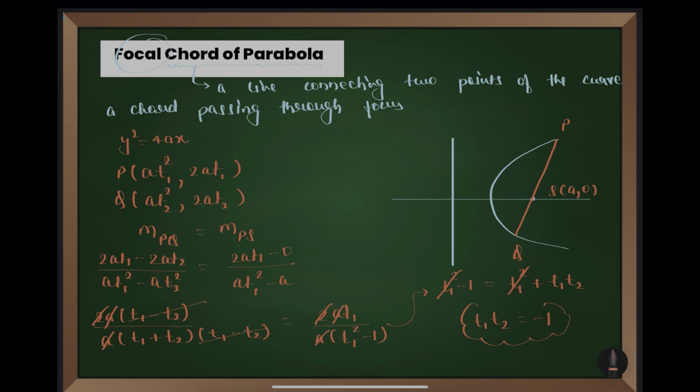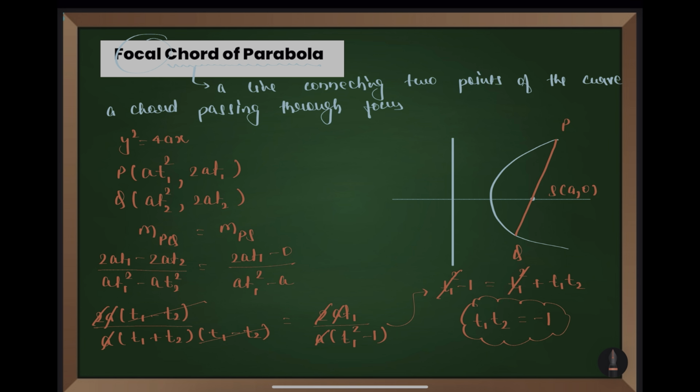So this is the important result that you have derived for the standard parabola, that is the right side opening parabola. If a chord is passing through the focus of the parabola, its parametric coordinates will satisfy t1 t2 equals minus 1.